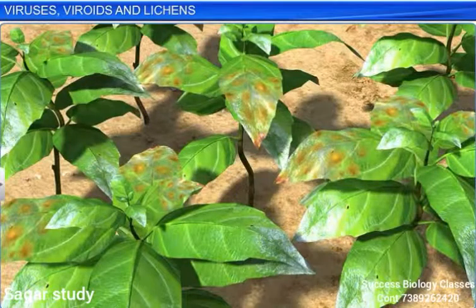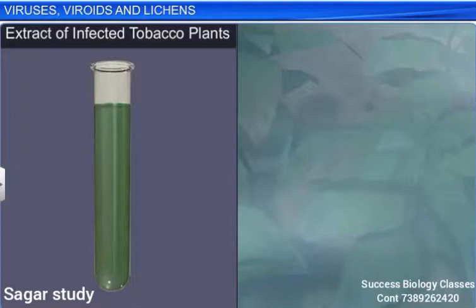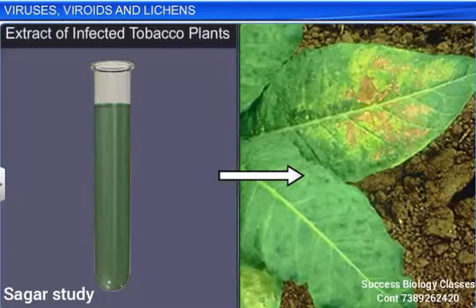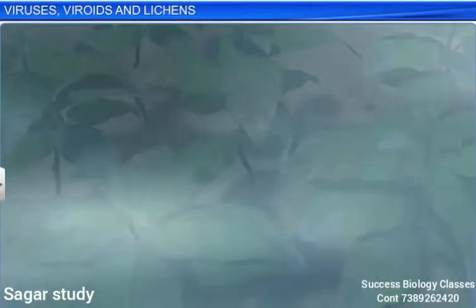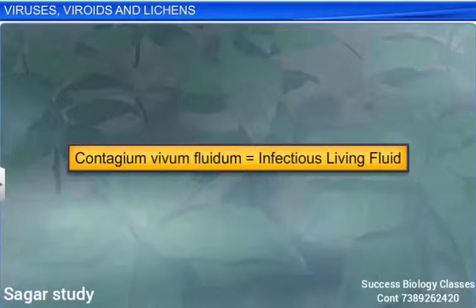Later, in 1898, M. W. Beijerinck demonstrated that extracts of infected tobacco plants could also cause infection in other healthy plants. He referred to the virus as contagium vivum fluidum, meaning infectious living fluid.